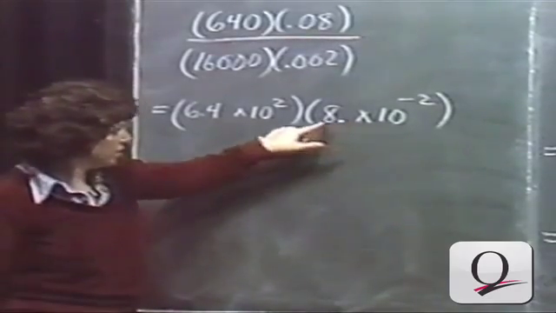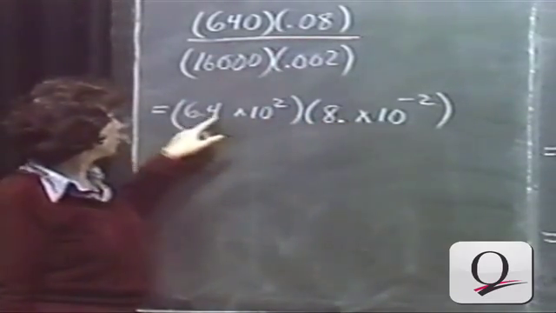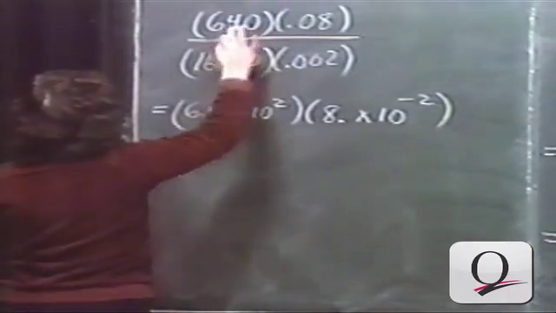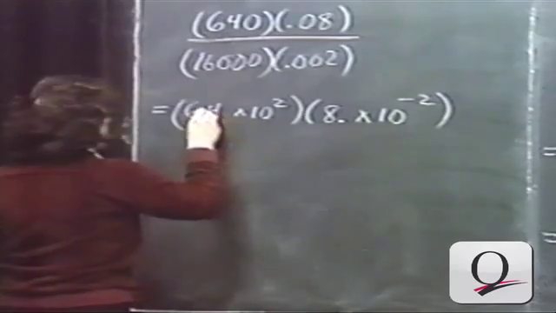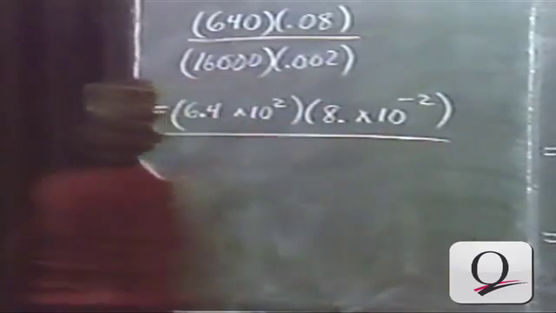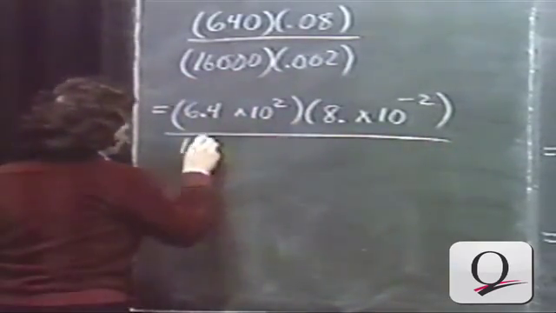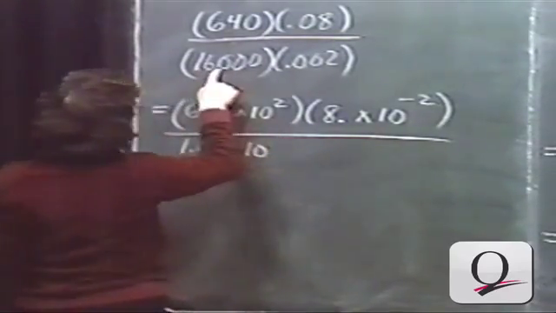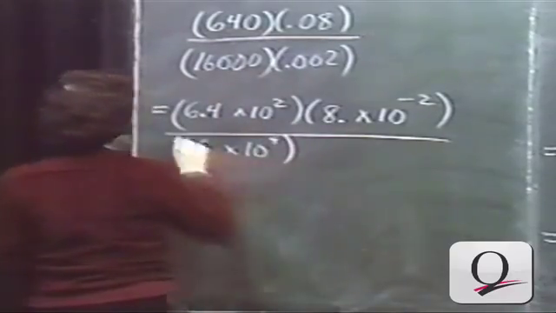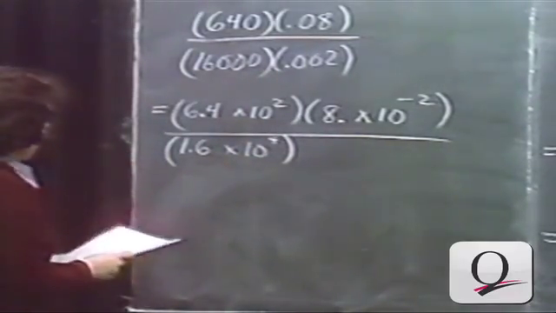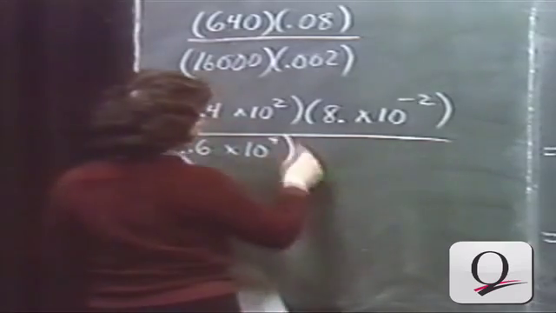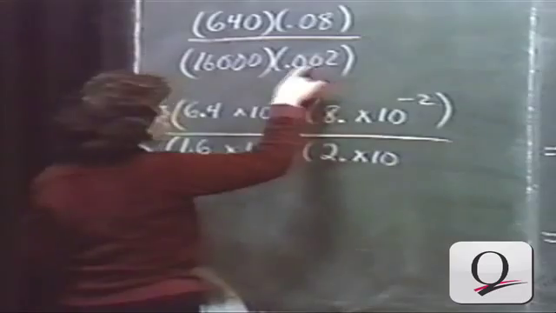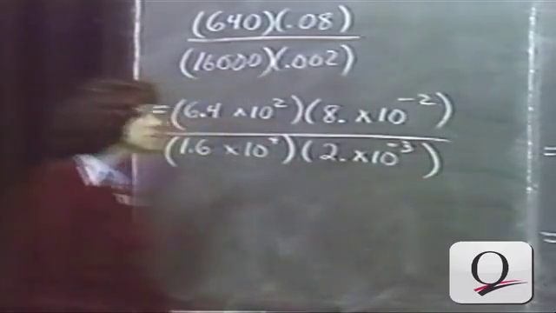Here you're going to move the decimal 2 places to the left to get the 0.08. Here 2 places to the right to get the 640. 16,000 can be rewritten as 1.6 times 10 to the 4th power. And finally, 0.002 is 2 point times 10 to the minus 3 power.